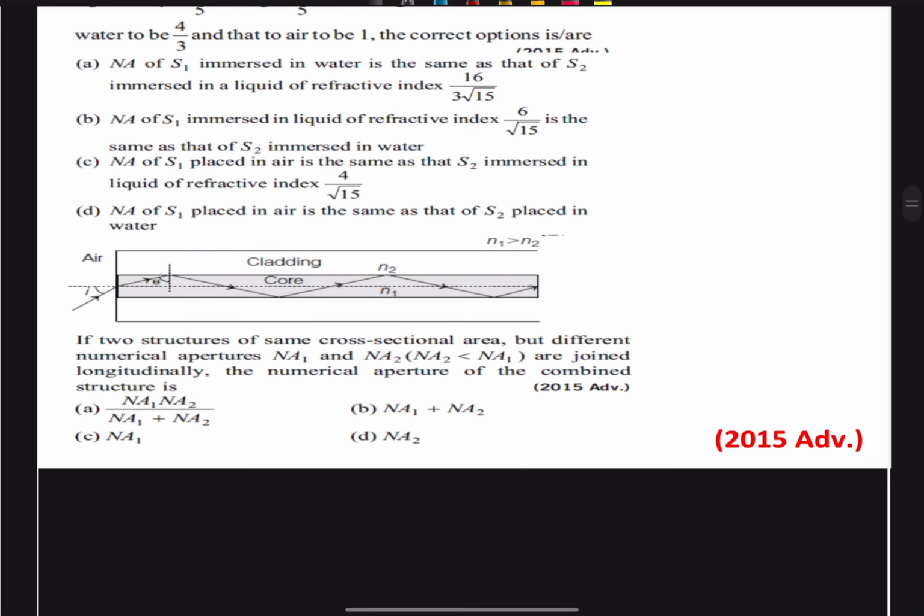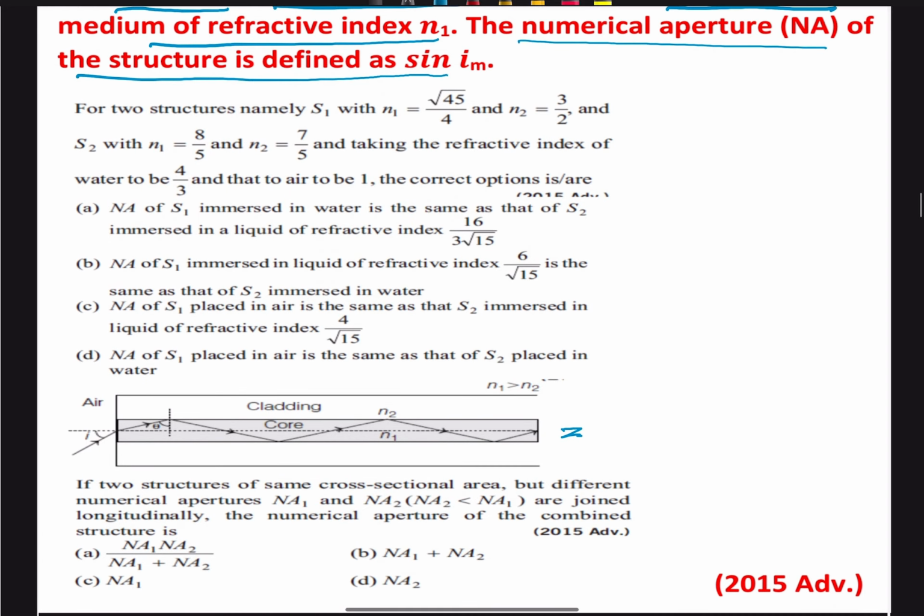Okay, so we are given this figure. This is basic total internal reflection that is only explained here. So based on this we have two questions.